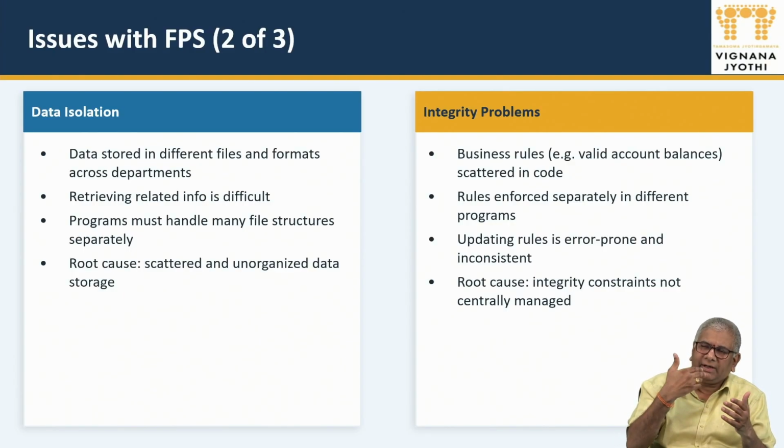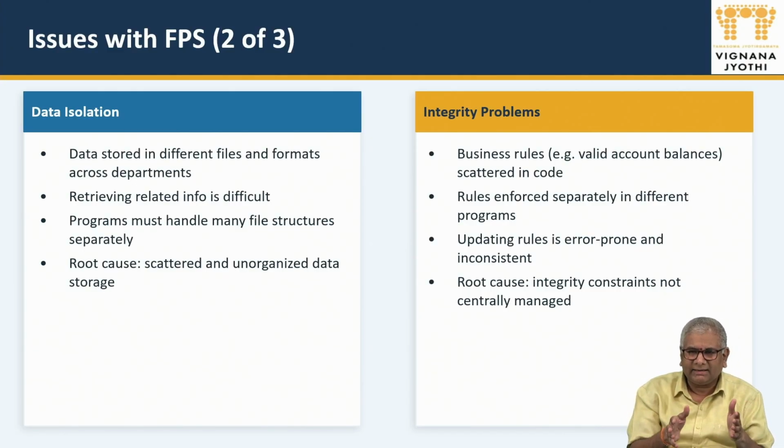So you have to write test cases and all these things to make sure it works correctly. So with the file processing system, there are integrity problems where the constraints are not properly managed, and not centrally managed. That's pretty much what causes the integrity problem.